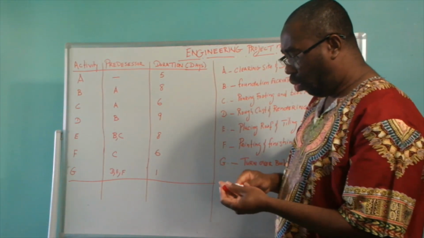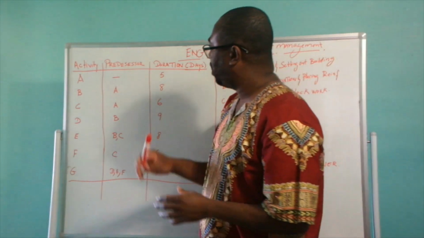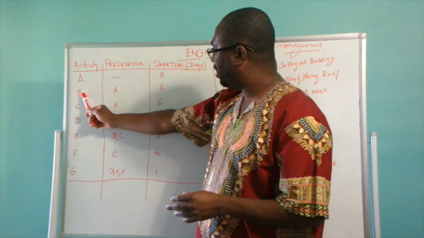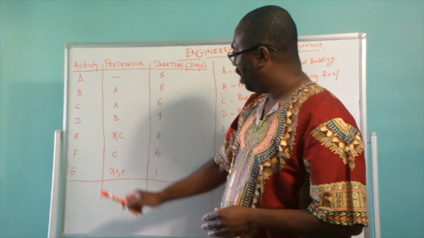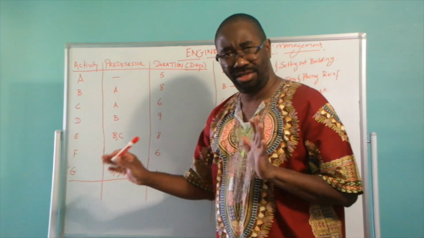You will observe that the first activity is activity A, then we have activity B, activity C, activity D, activity E, activity F, and activity G.